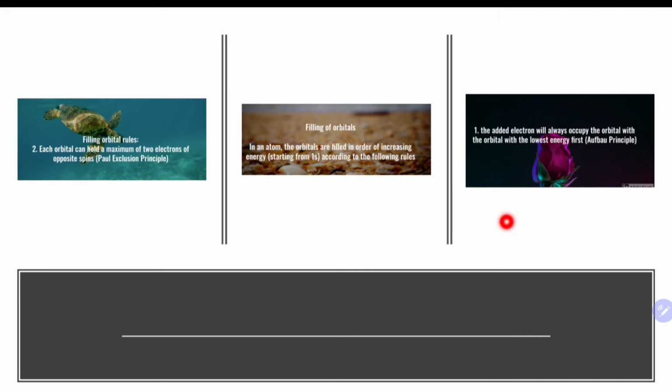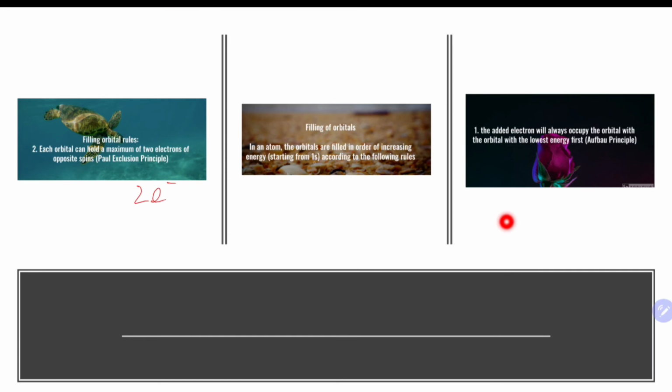So once again, we emphasize the orbital filling rules. Each orbital can hold a maximum of 2 electrons. This is the Pauli exclusion principle.